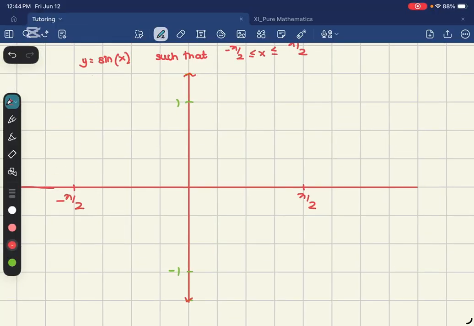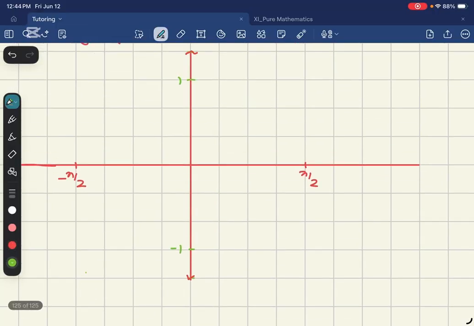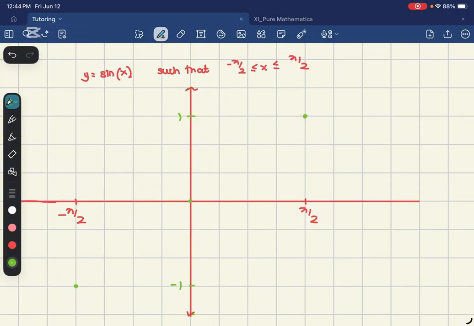So sine of negative pi by 2 is negative 1, sine of 0 is 0, and sine of pi by 2 is positive 1. So the graph for this domain looks something like this. This is y is equal to sine of x for x in this domain.